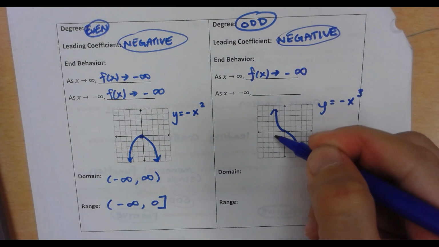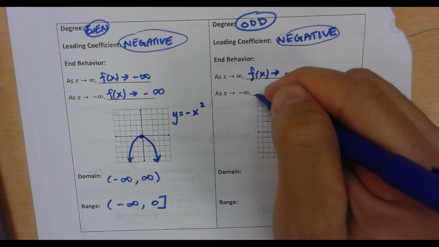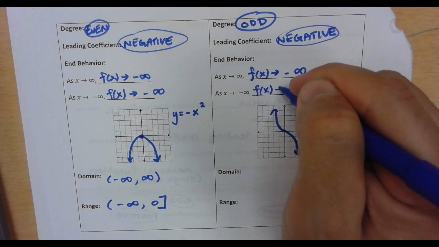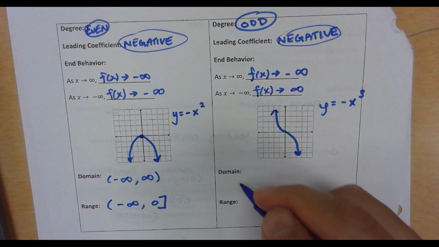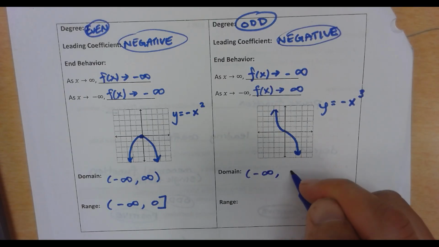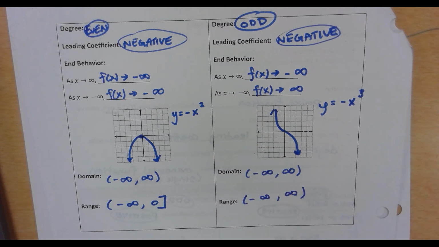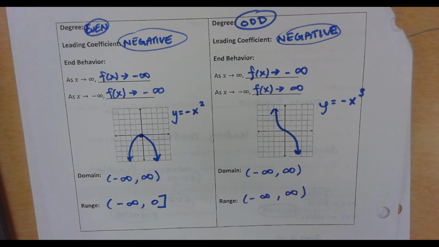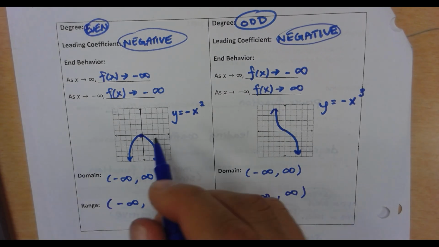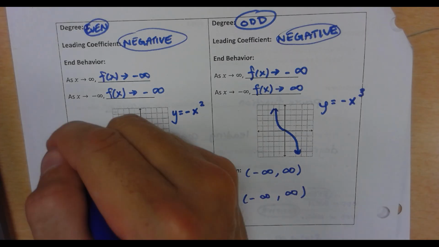And as x approaches negative infinity, f of x approaches infinity. Domain is still all real numbers. Range is also all real numbers. All right. Oh, so we forgot to label this one. We would call this one down and down.